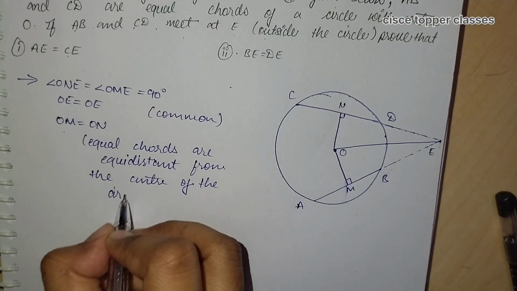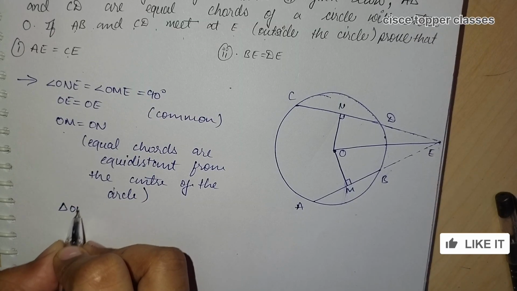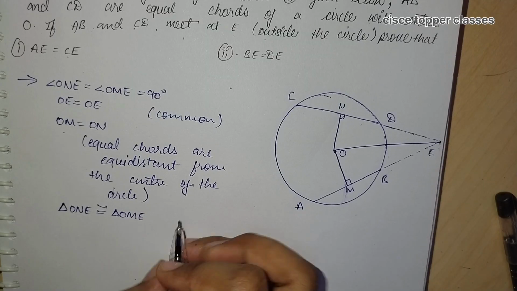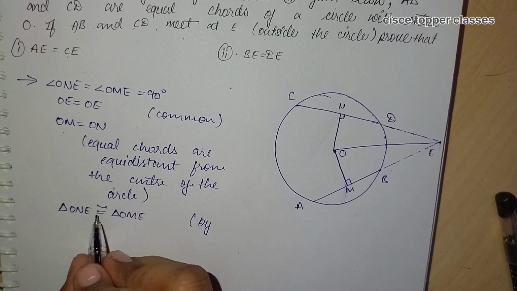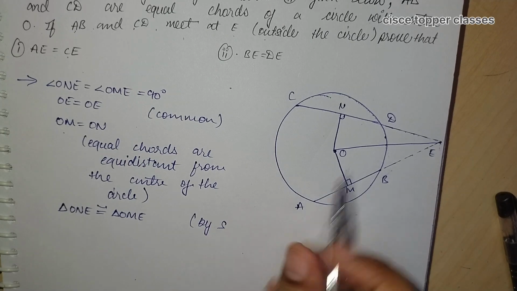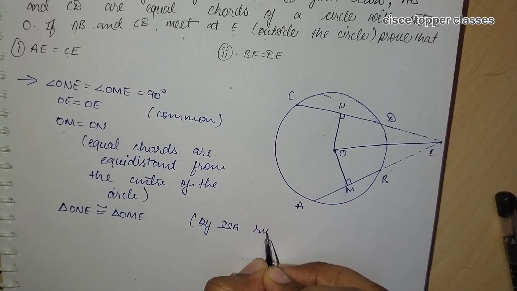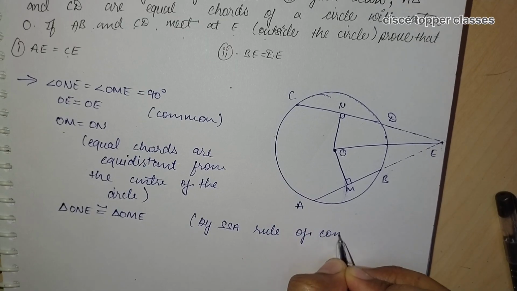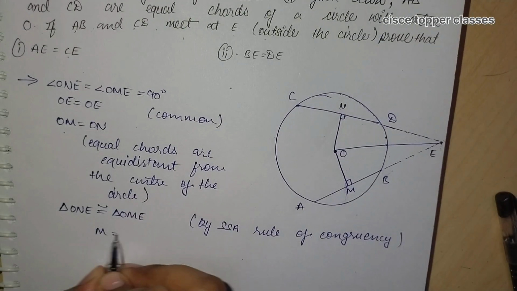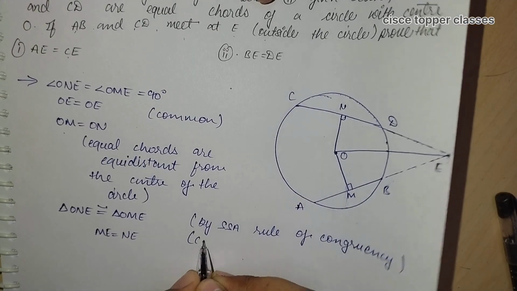So from that we can write triangle ONE is congruent to triangle OME by the side-angle rule of congruency. We have proved this, and from there we can write ME is equal to NE by CPCT.